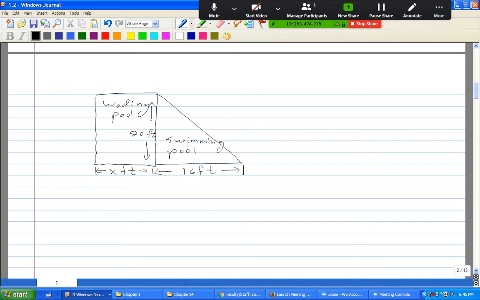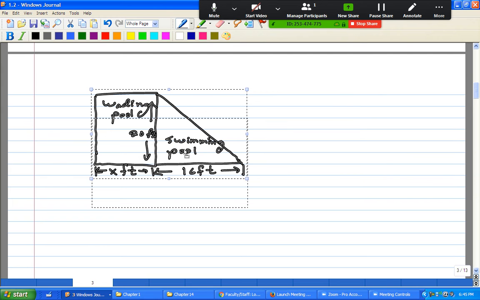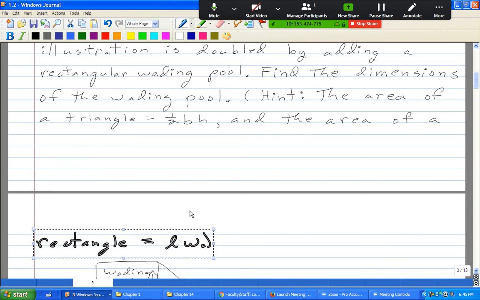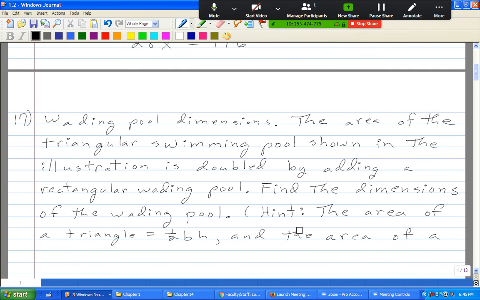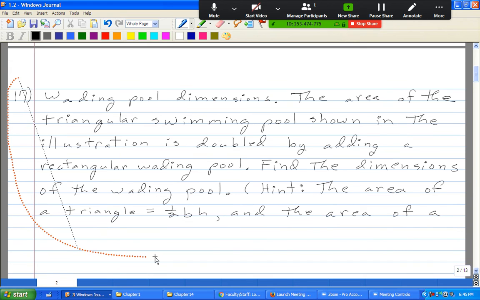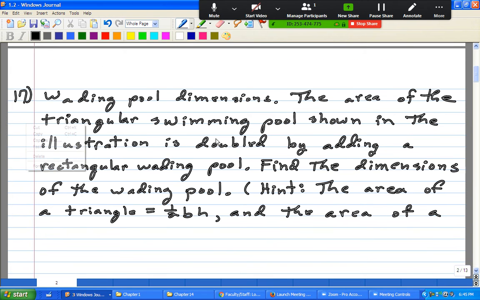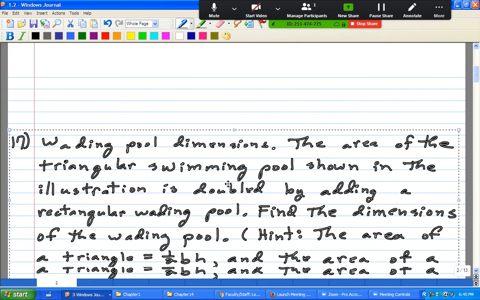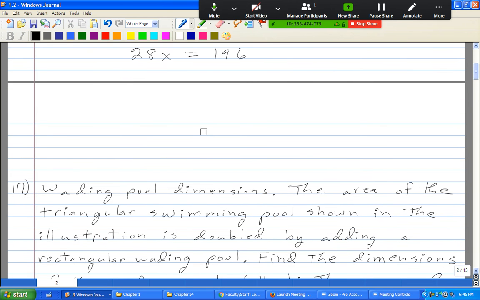Let me get some additional room here so I can write the answer. Okay, so let's divide both sides of my equation by 28. So x is equal to 7. And so there are 7 locks that can be replaced.